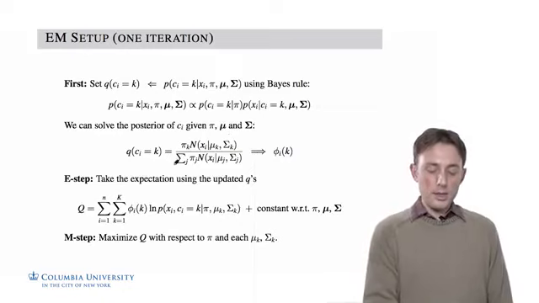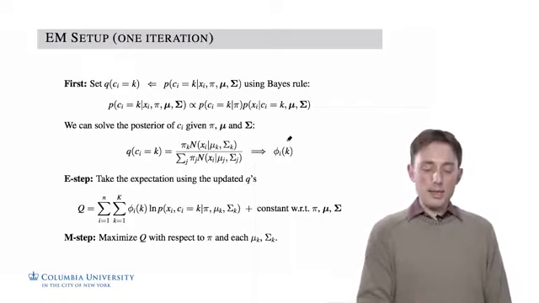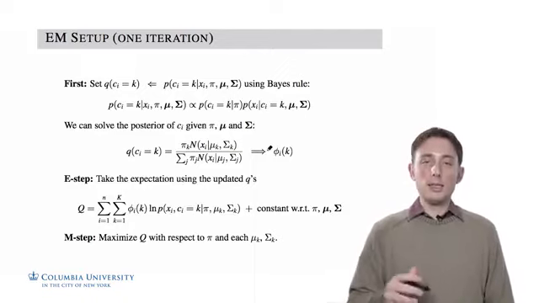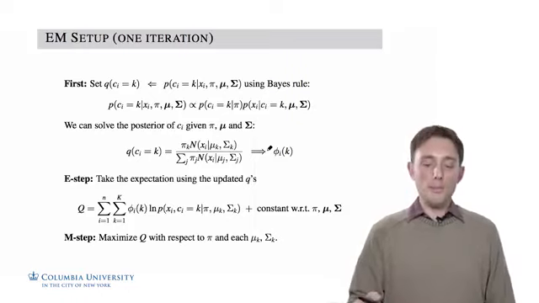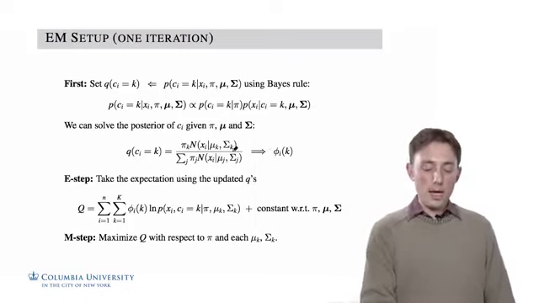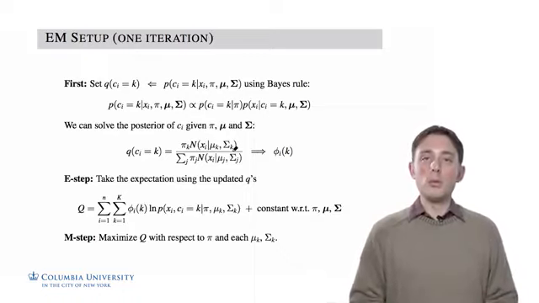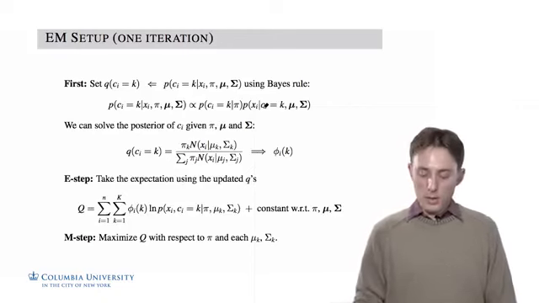We take this, divide it by the sum over all possible values for the cluster assignment, and define this to be phi sub i of k. This serves identically the same purpose as in the weighted k-means algorithm. The only difference is that now we have a firm probabilistic interpretation of what we're doing. So that's the first step of the EM algorithm.